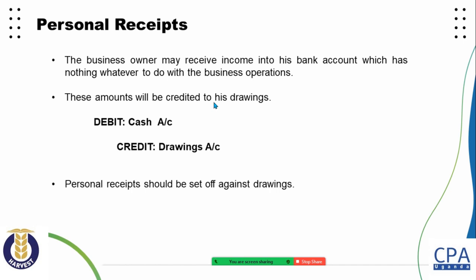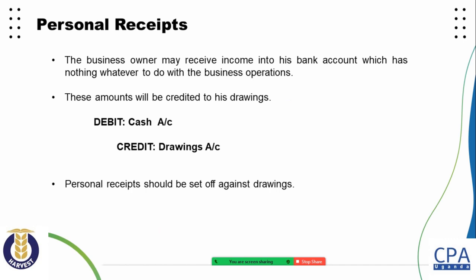These amounts will be credited to his drawings account. So as a practice, if you know that the owner of the business keeps on receiving money and paying out from the business account, just open an account on the chart of accounts, and that is the drawings account.